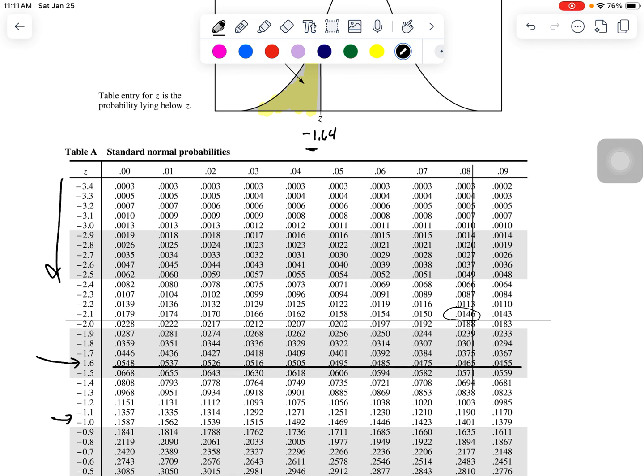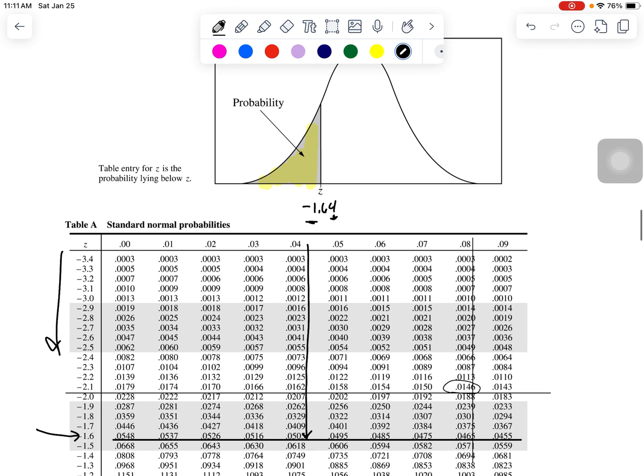Now my number was 1.64, so I'm going to go down the 4 column, and we're actually going to get 0.0505. That means this is representing a 5.05% tail.